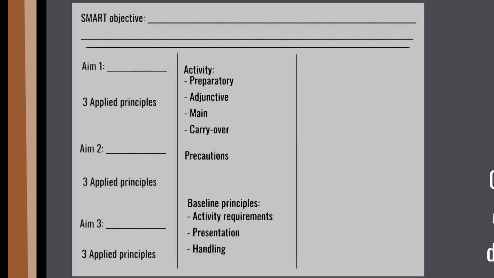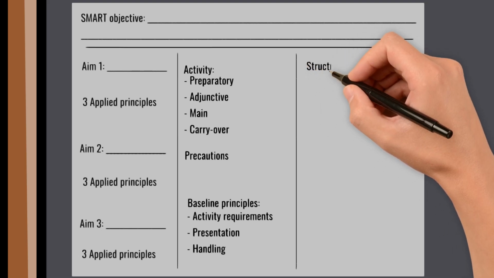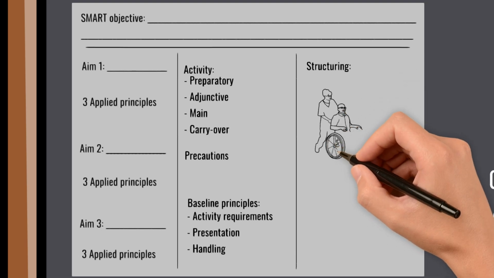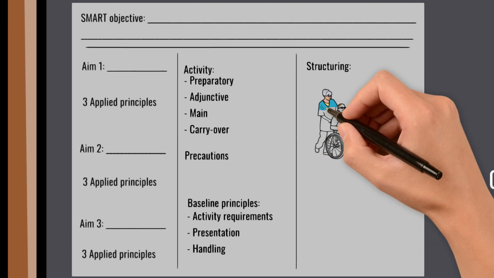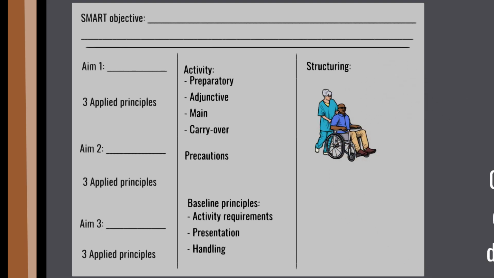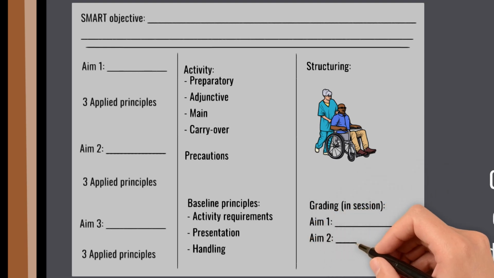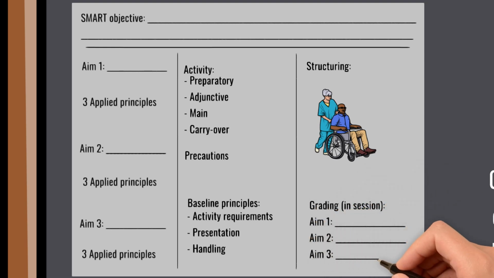The student should then include structuring for the session, having a picture or labeled diagram or a paragraph describing the activity, the client, and the OT in relation to the materials in order to achieve the aims. And then lastly, there should be grading for each aim in the session and also to the next session.